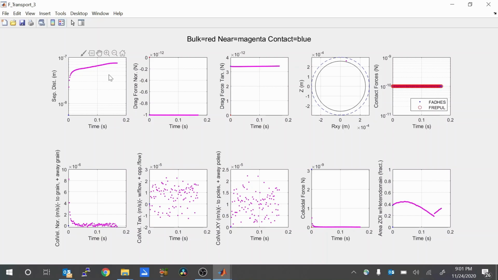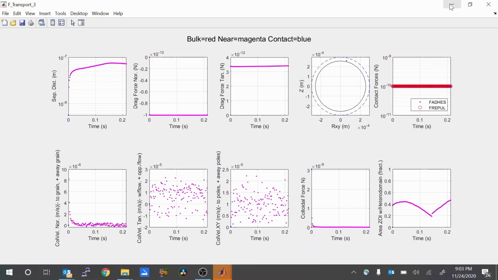You can see that the particle has come over another header domain and is now getting increased area of the ZOI occupied by the header domain. Separation distance is kind of plateauing, and probably as the area occupied by header domains increases, it'll start pulling the colloid back towards the surface where it might reattach. The point is that you can mobilize them through ionic strength reduction as well.